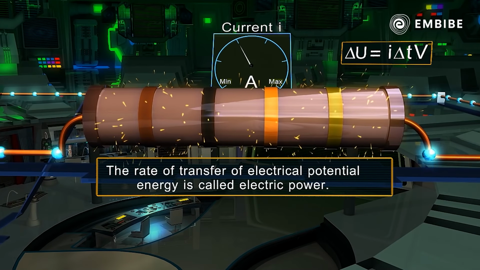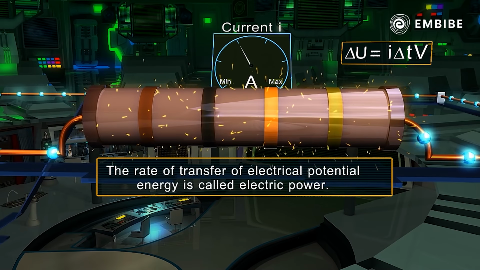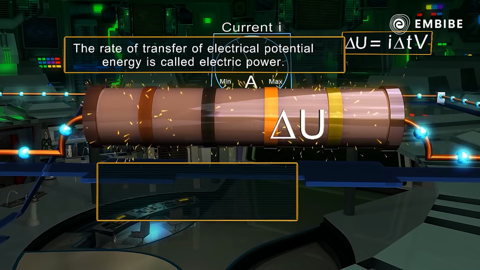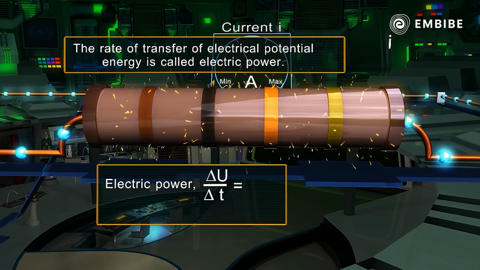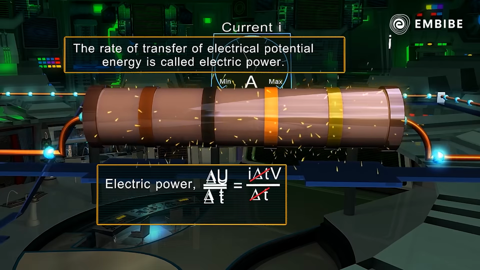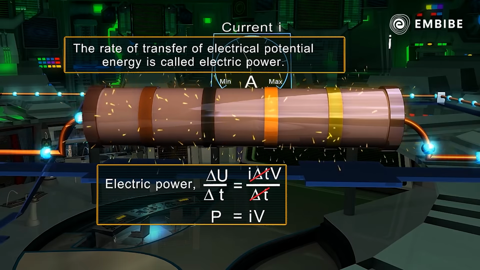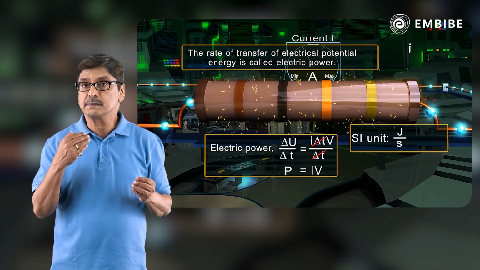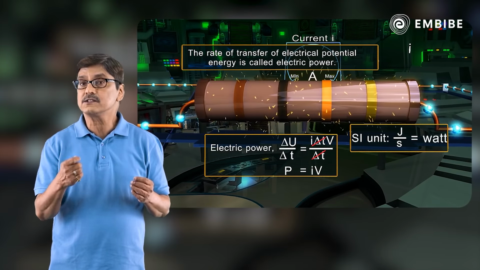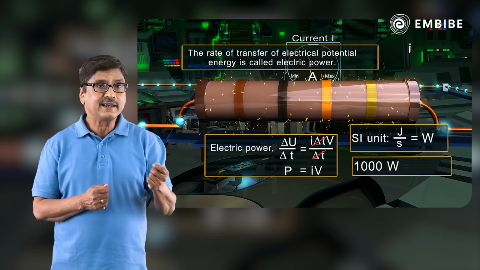The rate of transfer of electrical potential energy is called electric power. It can be calculated as delta U upon delta T, which is given as P is equal to IV. The SI unit of power is joules per second, also known as watt. Higher unit is a kilowatt.